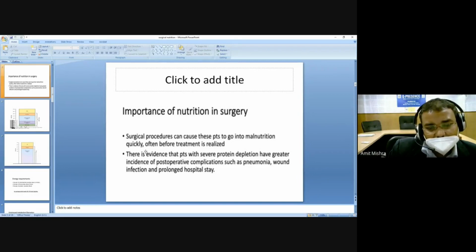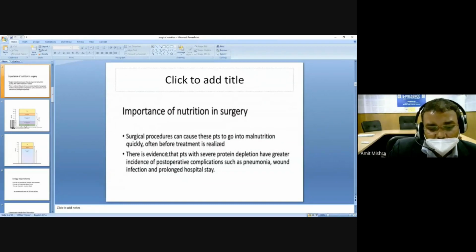Like today, in the era of minimally invasive surgery, the importance of malnutrition is reduced to limited procedures, where you find that in long-hour surgeries or major open surgeries, malnutrition is very characteristic.